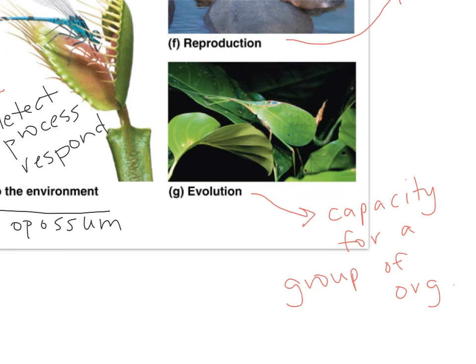So for a population of new items that might be alive, one thing that we want to look at is to see, would it have the capacity for the population to change over time, or to evolve? And that's hard for us to imagine if the organism doesn't have DNA or genes of some type. And I'll come back to that later in the class.